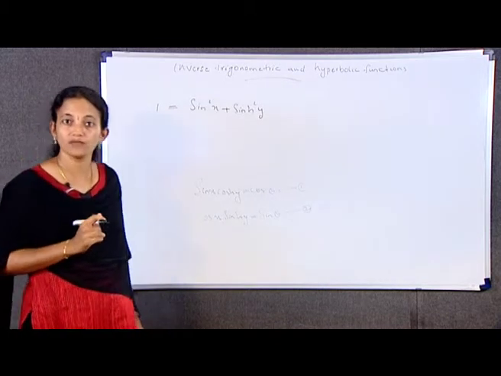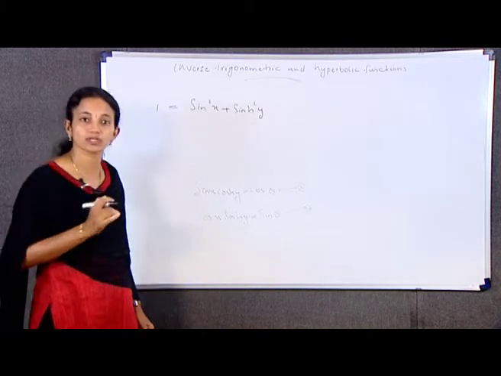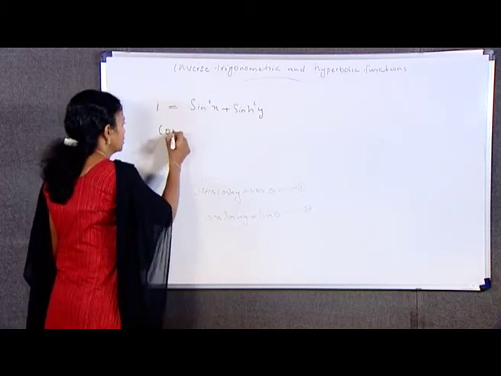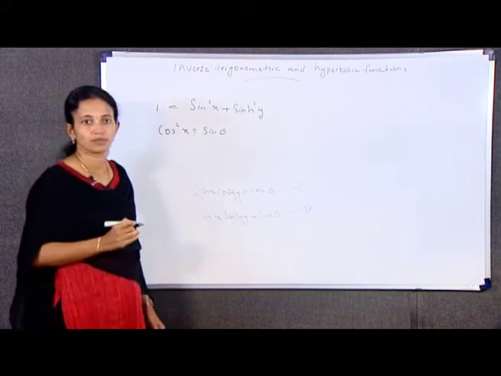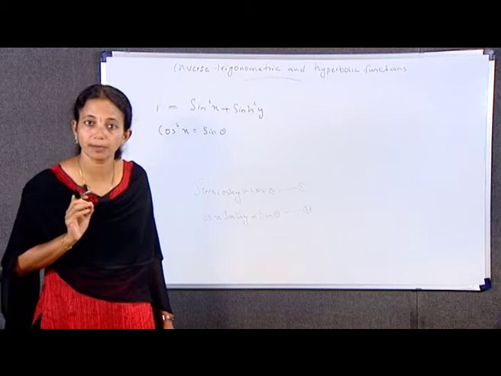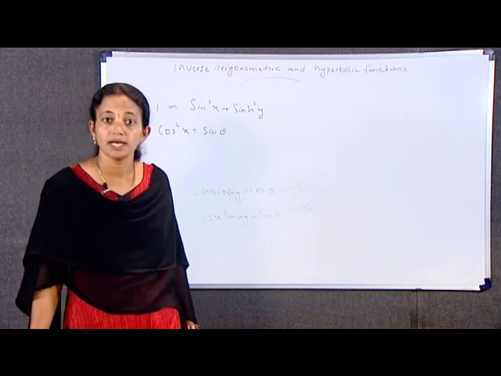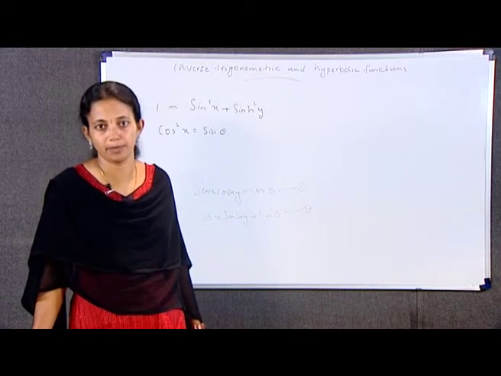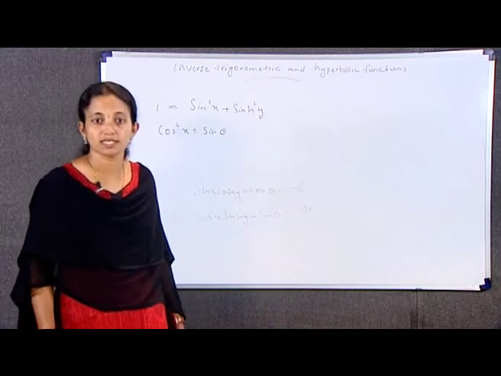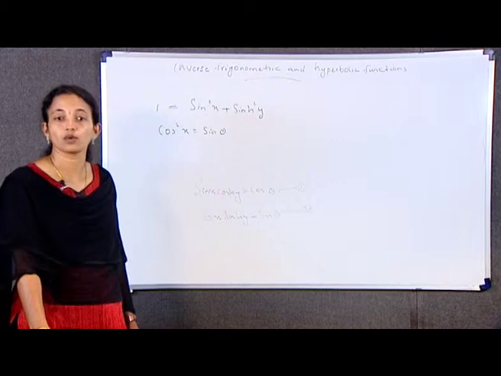Hence, from 2 we have cos square x is equal to sin theta, assuming sin theta to be positive. Therefore, since x is to lie between minus pi by 2 and pi by 2, we have cos x is equal to plus square root of sin theta.